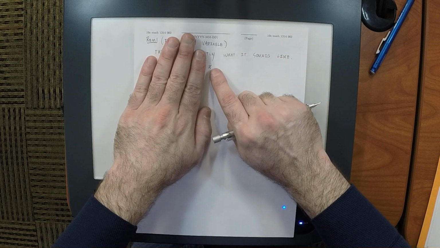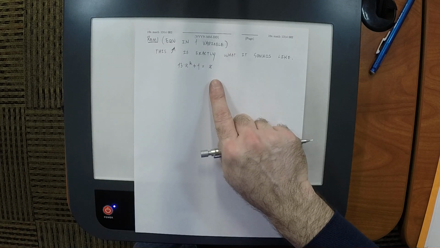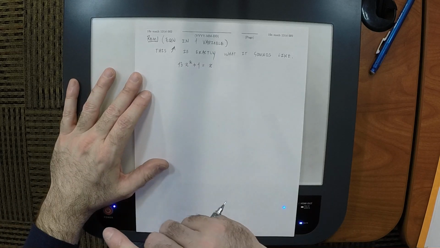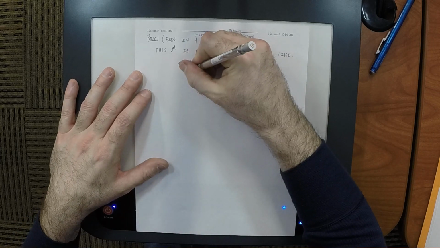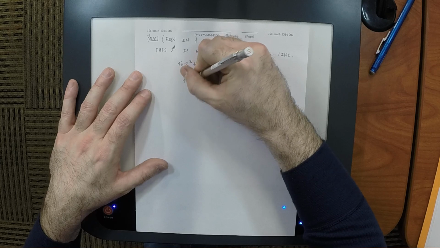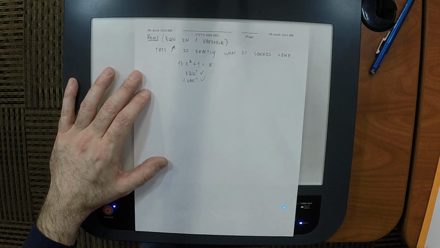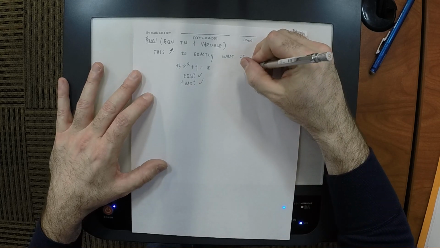Just one, x's. So altogether, how many different kinds of letters? Just one. So this is an equation in one variable. Is it an equation? Yes. Is there one variable? Yes.